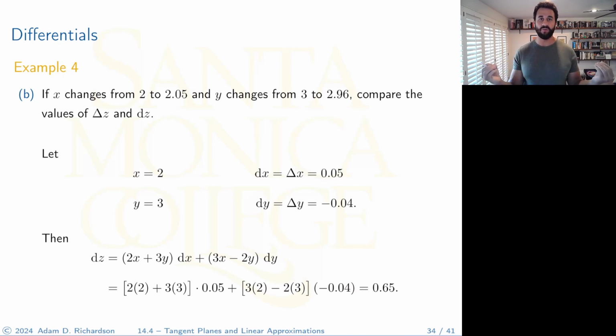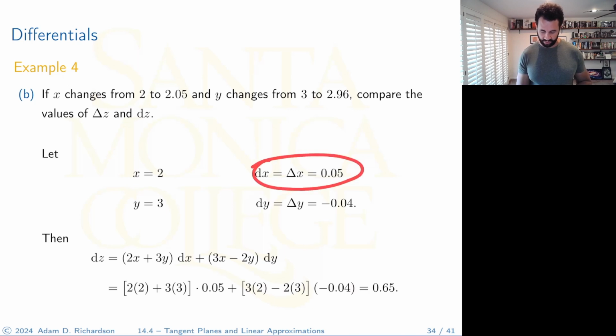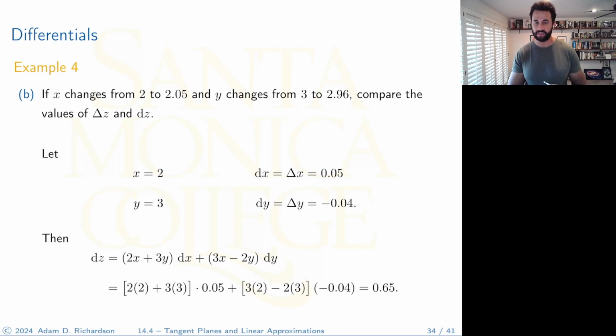So let's put together what dx and dy are. Let x be 2 and let dx be 0.05. It's the difference between 2 and 2.05. That's the change in x, the increment in x. Let y be 3, and let dy be negative 0.04. That's the change in y.